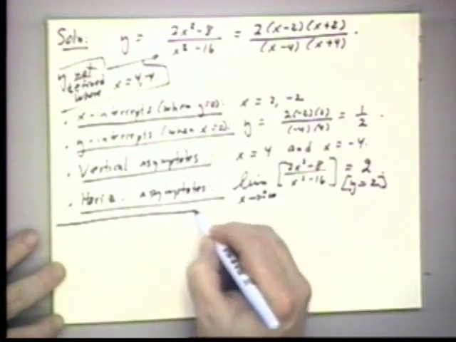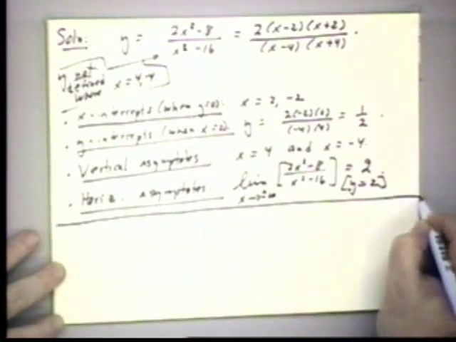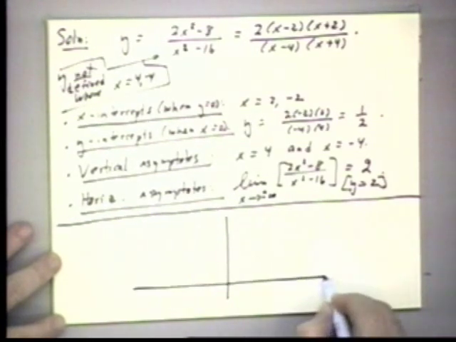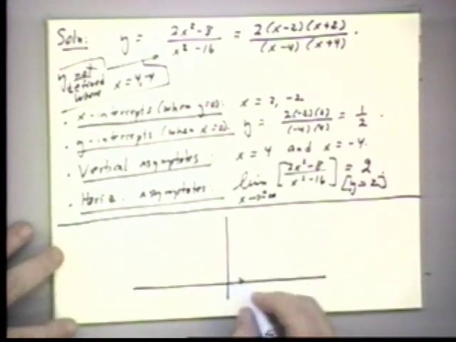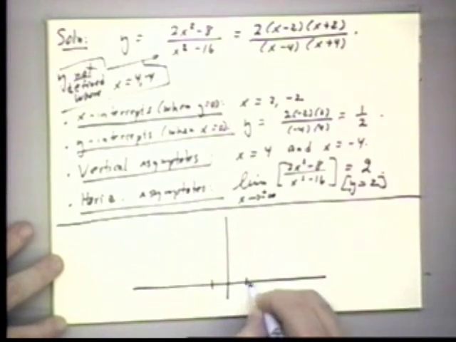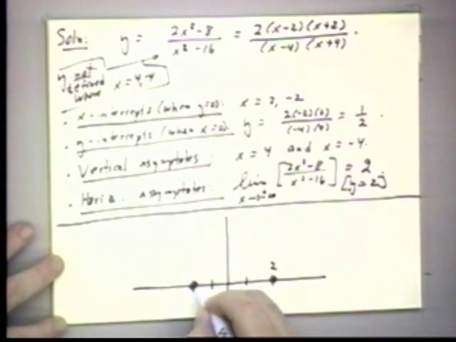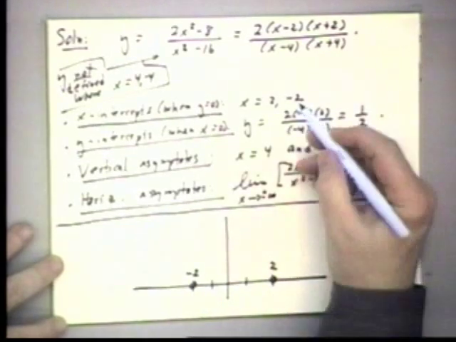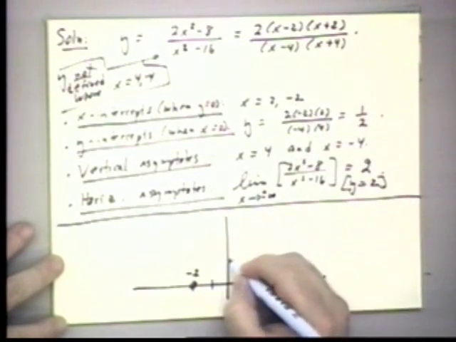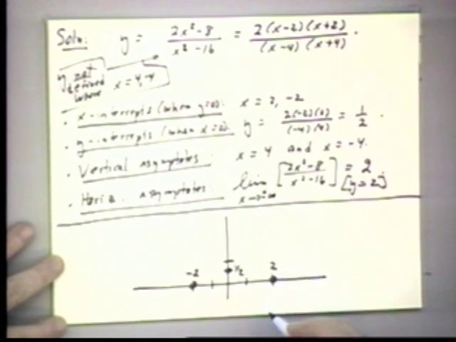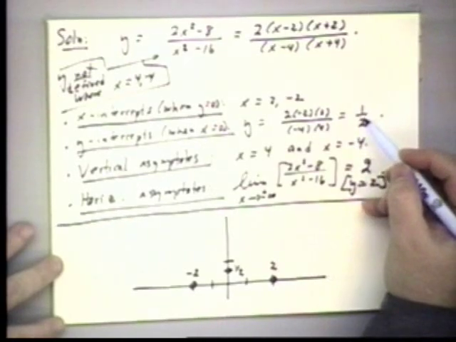So before I do anything else, sometimes it's useful to have a halfway graph. So let's see what I've got here. Let me mark off a few points. I know that 2 and minus 2 are on the curve. Those are the x-intercepts. I know that if I mark off a point here that I call 1/2 on the y-axis, that point is on the curve because that's the y-intercept.